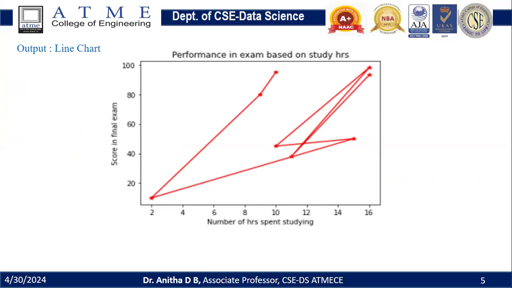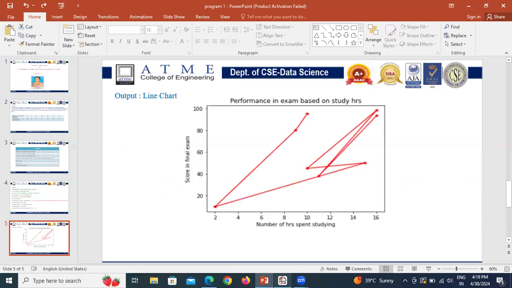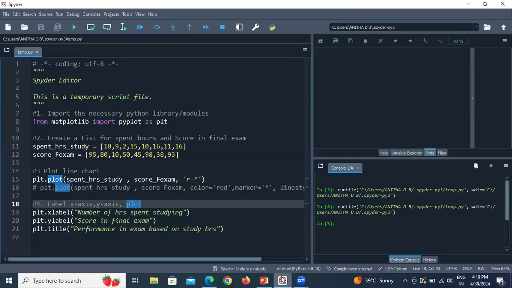Now I'm switching to the Spyder platform where we can run the code and we will see the output. I've already typed the program in this platform. So that is the same program.